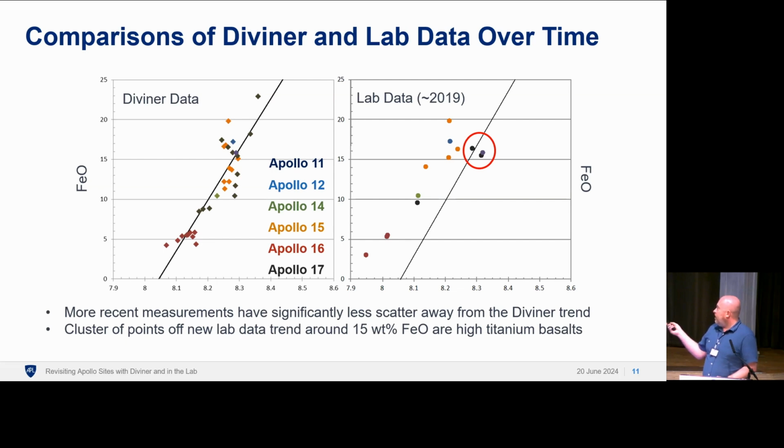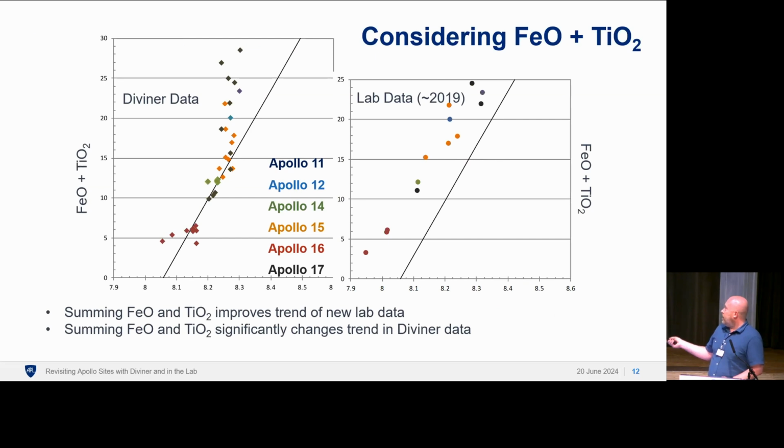And if you consider also titanium in addition to iron, then this curve gets a lot flatter. And so this was a really nice result. Here we're showing that this mid-infrared compositional indicator has a very linear trend in our laboratory data when compared to the iron and titanium combined abundance of the Apollo soils.